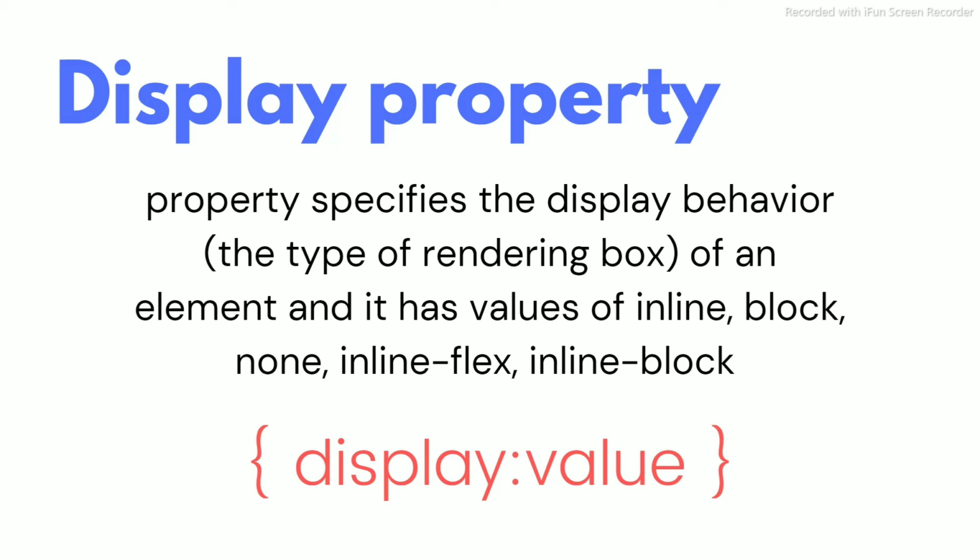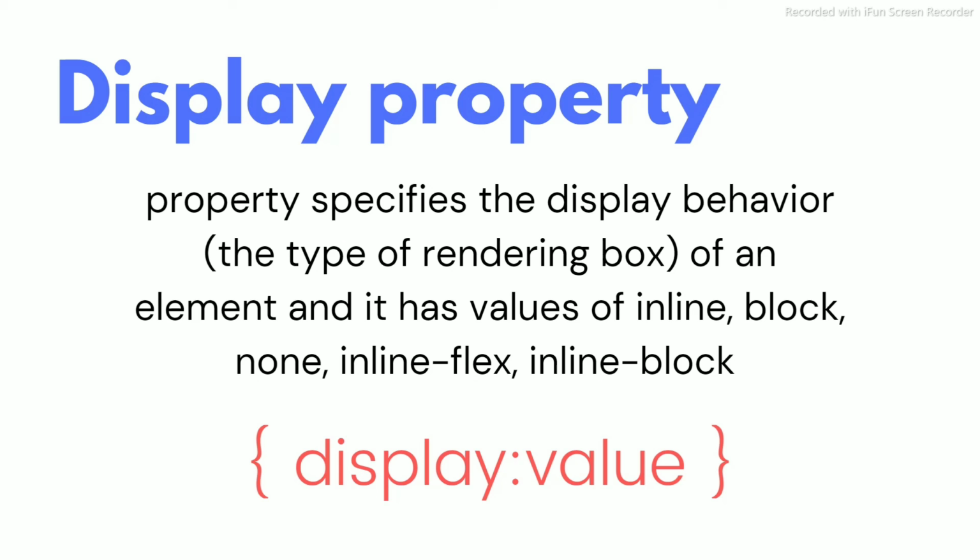When I am using the display property with the value inline, if you have created a list, and the list item is a child of the element we have created, like we have the ordered list OL and we are creating list items.